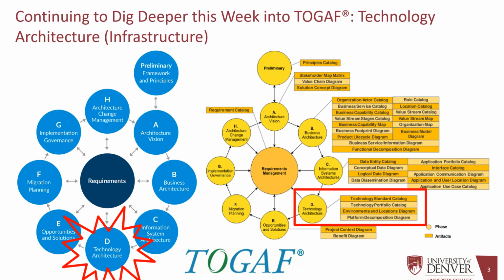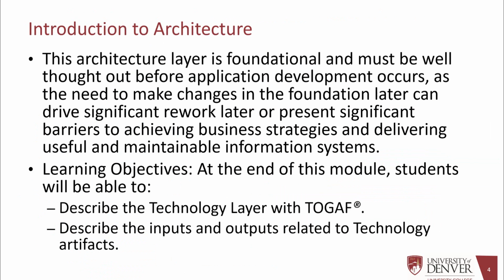Okay. All right. We're now in the technology architecture side of things. We've gone through business and information systems, and this is the next of the major phases here. And you know, the architectural layer is foundational.